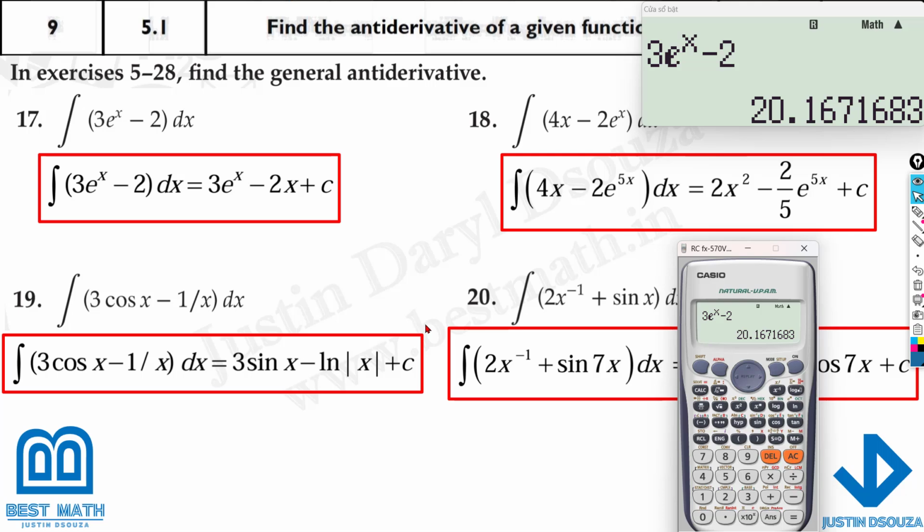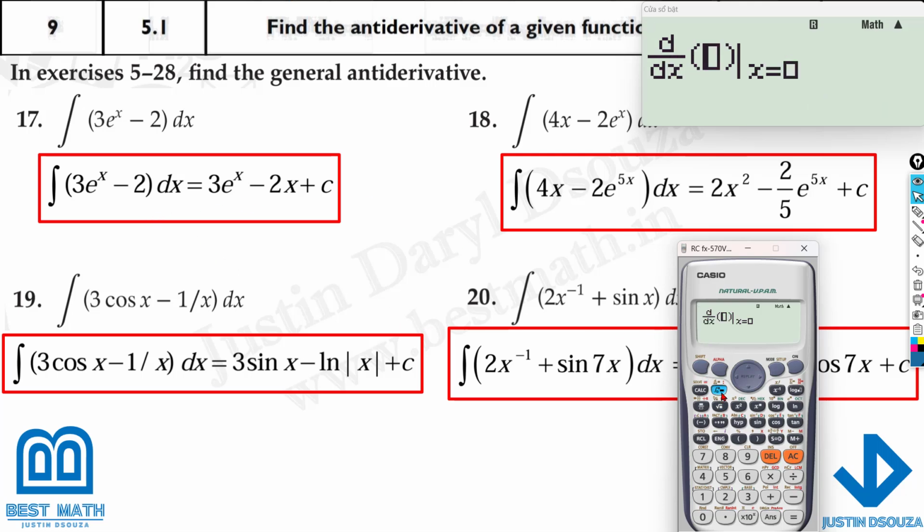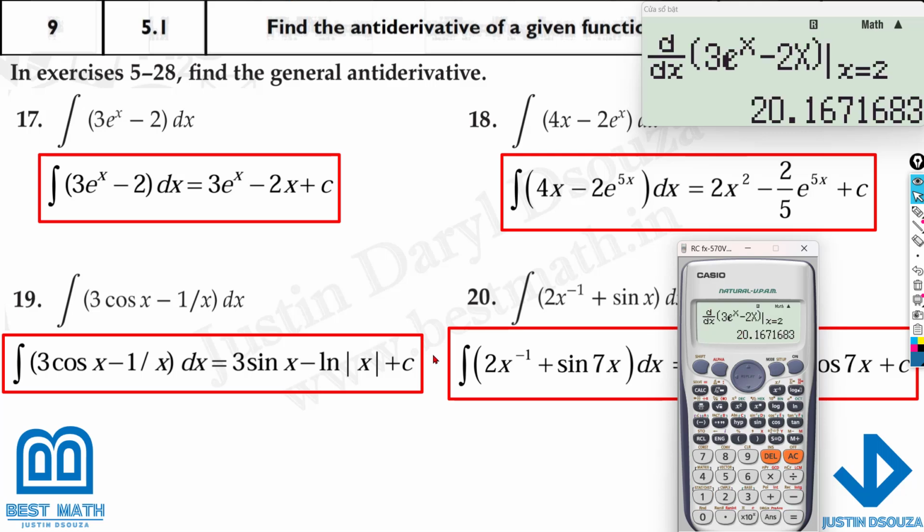Okay, it's 20.167. Now what about this shift dy by dx? Here it is 3 e to the power, that is shift and ln, e to the power x minus 2x. Okay, now I've written everything to the power. That's wrong. After the power, press next and now subtract 2x. The x value is calculated at 2 and the answer is the same.